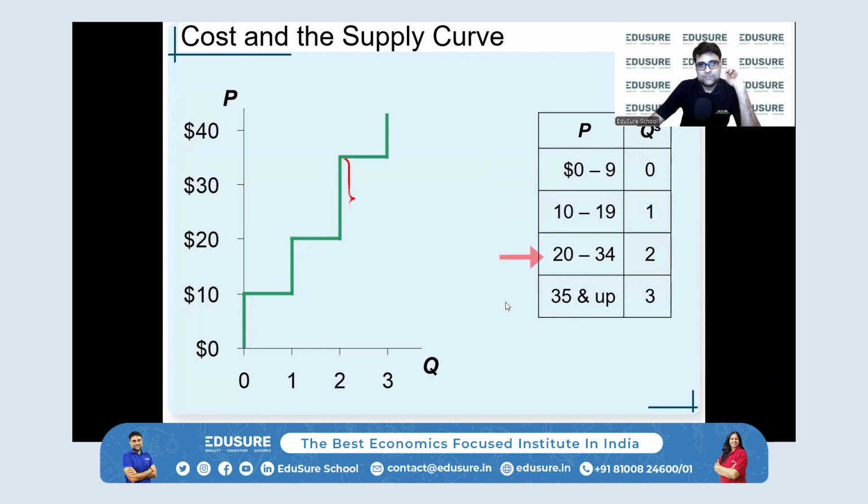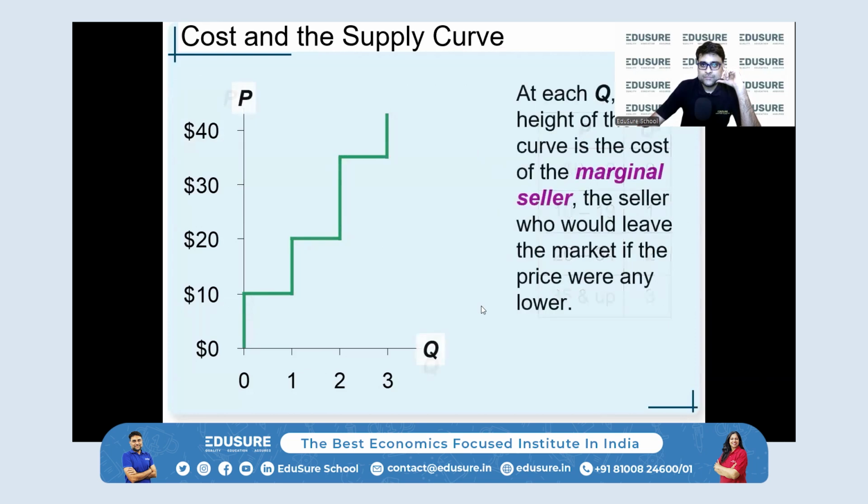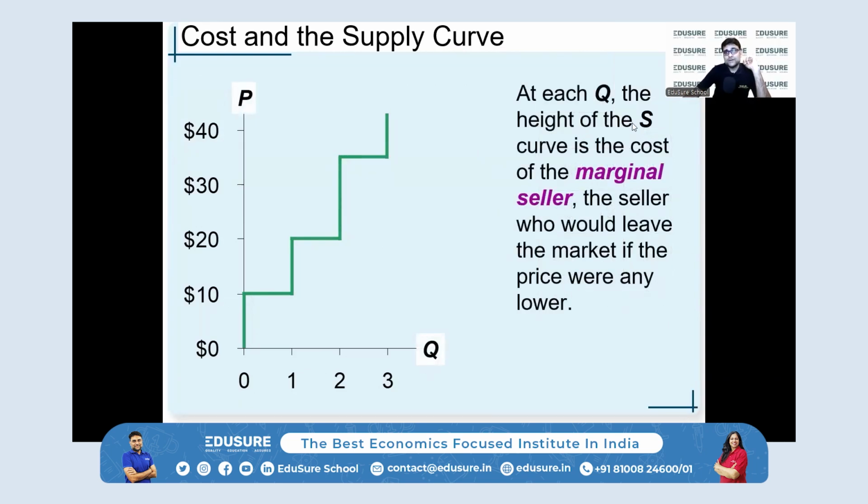From 20 to 34 is the part where only two people are selling, and 35 and up, three people are selling. At each quantity, the height of the supply curve is the cost of the marginal seller, the seller who would leave the market if the price were any lower.